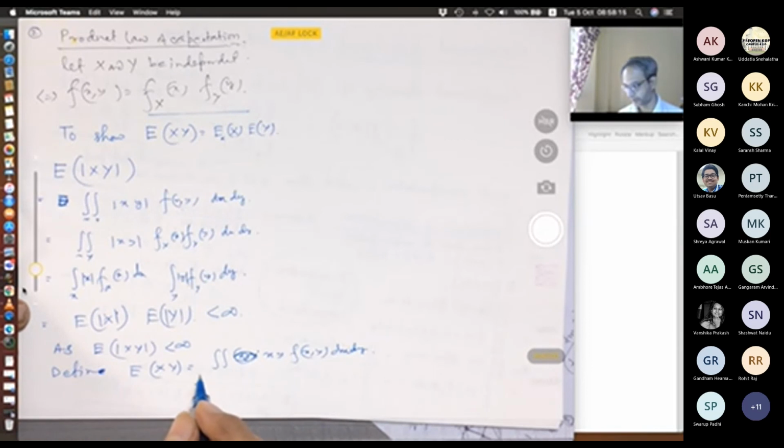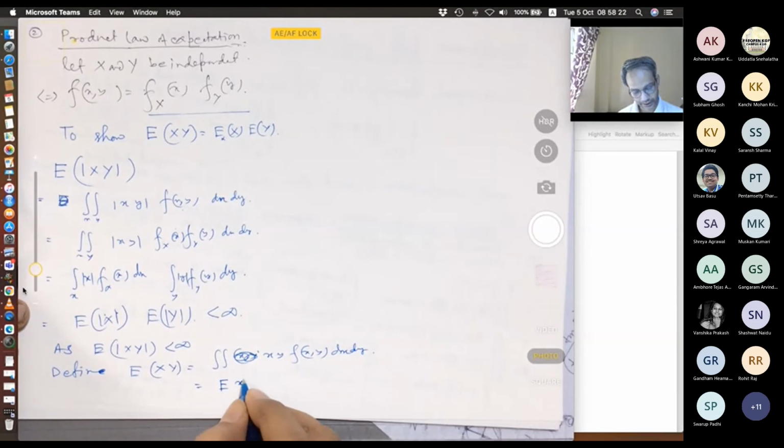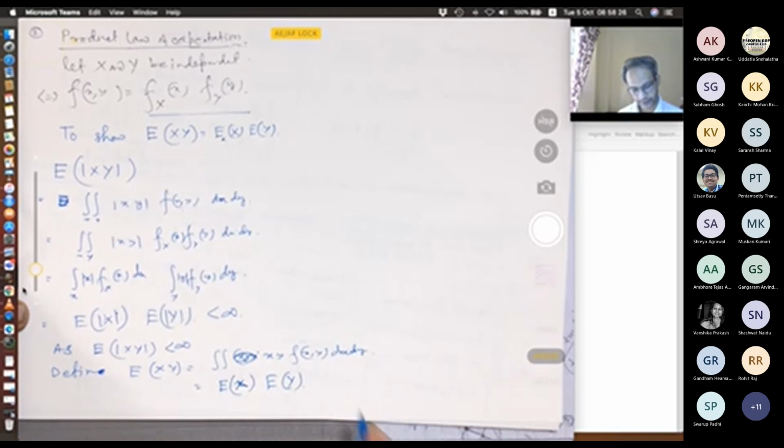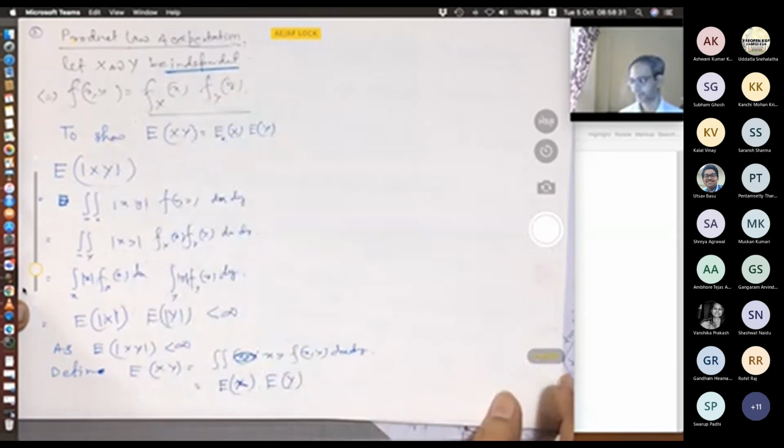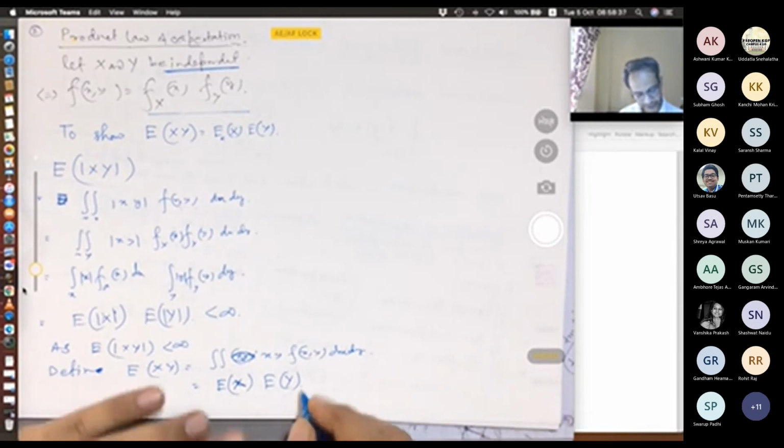Equality will hold everywhere, so you will get expectation of X into expectation of Y. But here independence is a must. Without independence you will not get this thing.